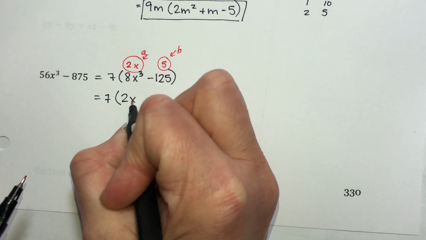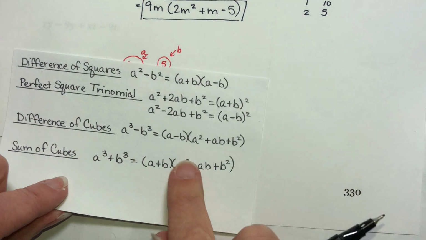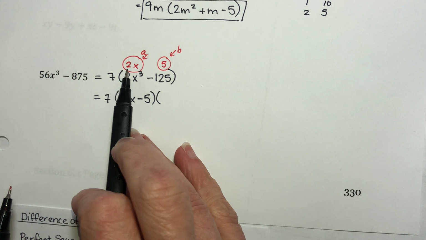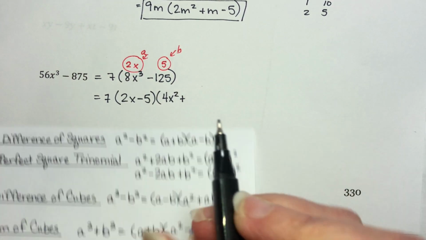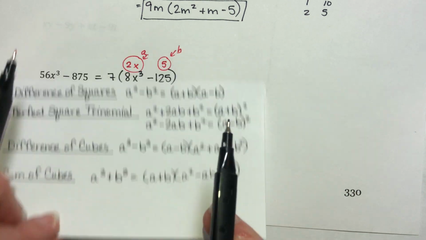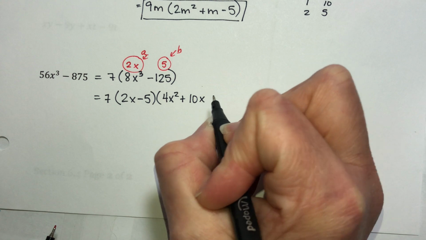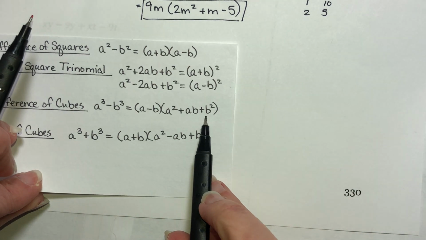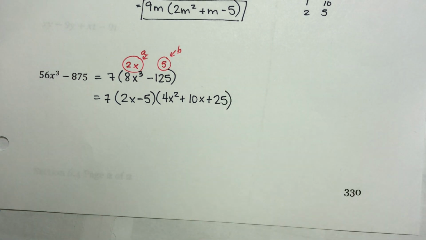So 2x minus 5 times a squared, 4x squared, plus a times b, 2x times 5 would be 10x, plus b squared. 5 squared is 25. So this would be your entire answer.